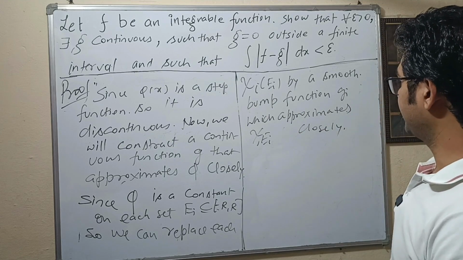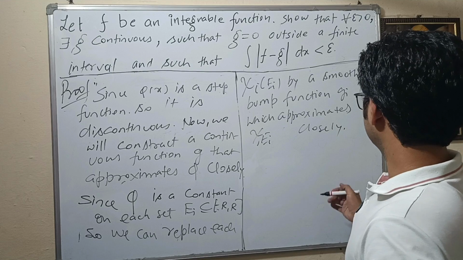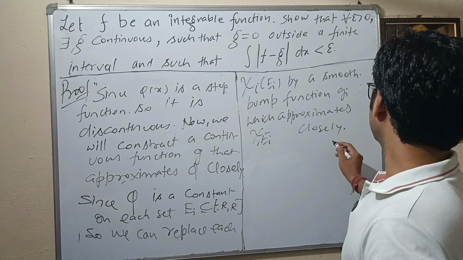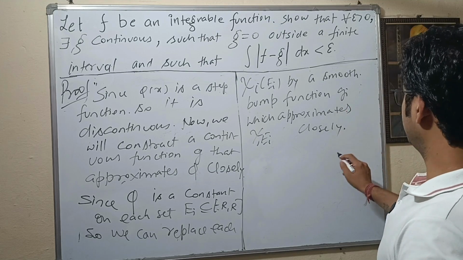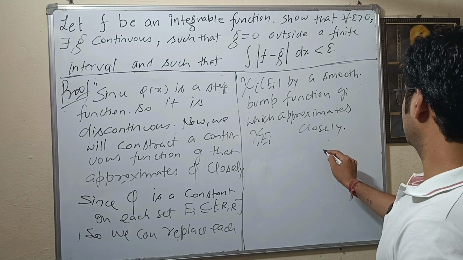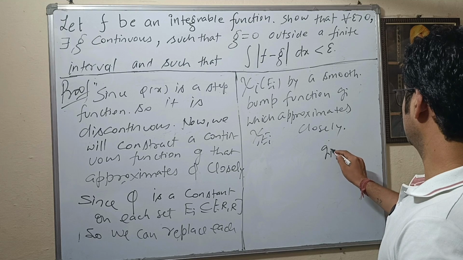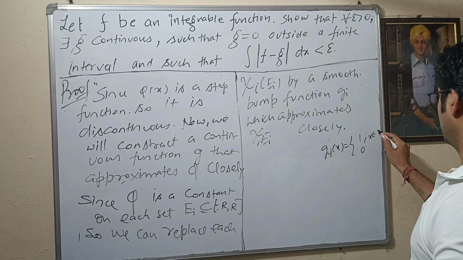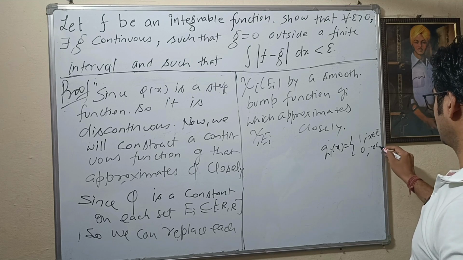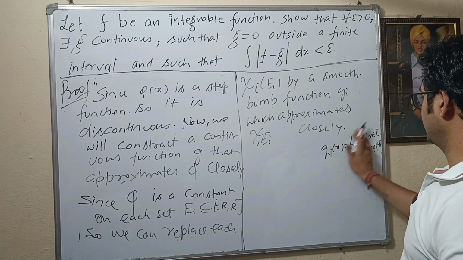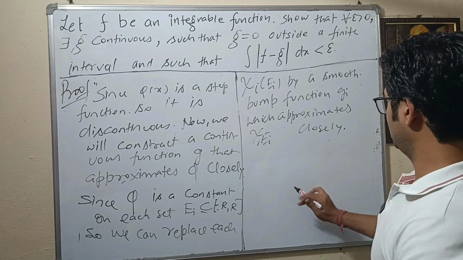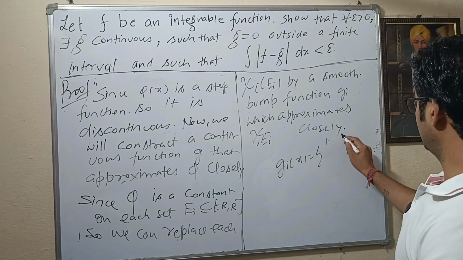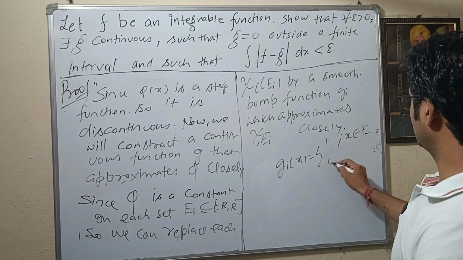You can write the definition of g_i here. g_i(x) is 1 if x is in A, and outside A it is 0.